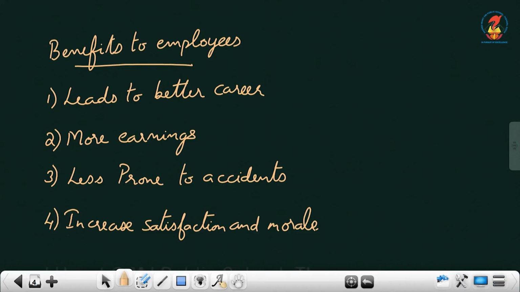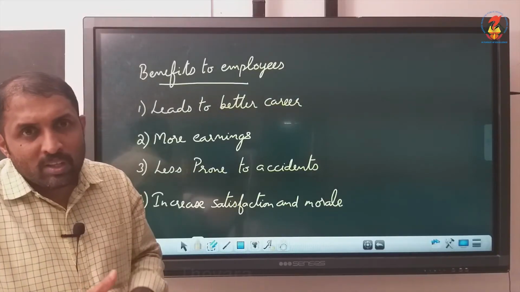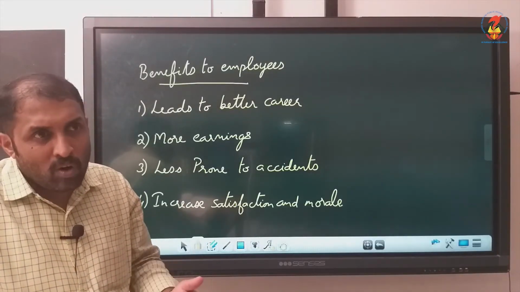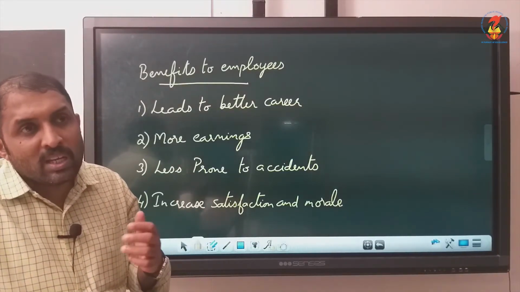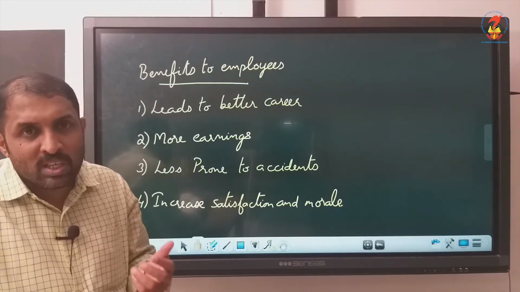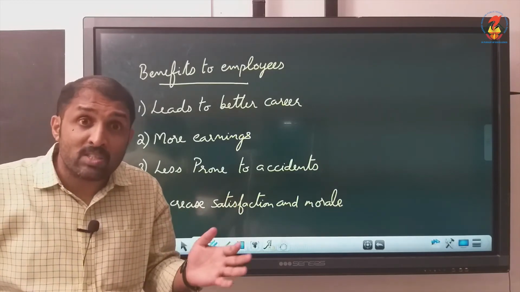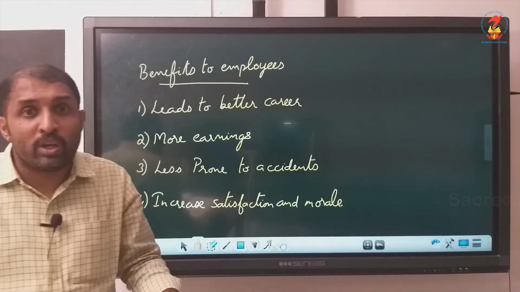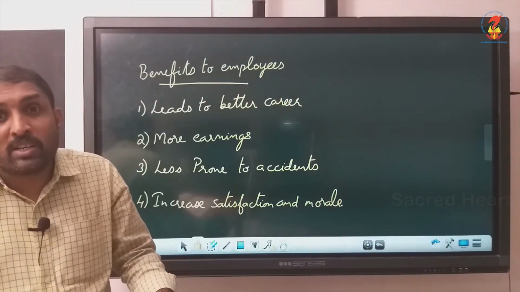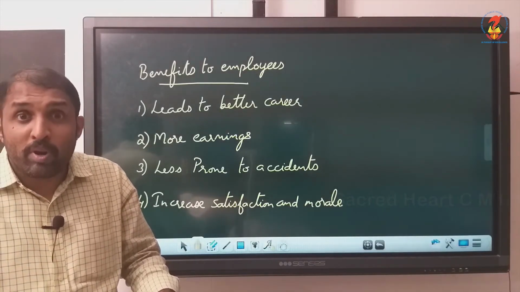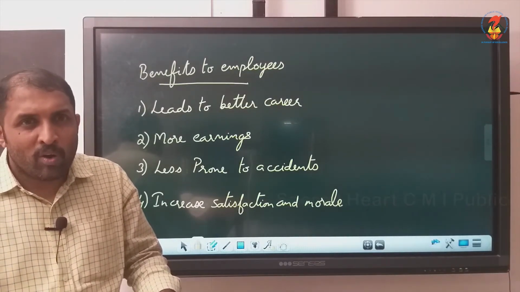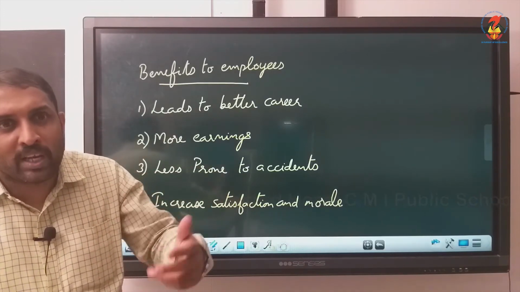First one is that it leads to a better career. Whenever there is an increase in knowledge, understanding, or development in skill, there is always a chance for an employee to be promoted to a higher position, or to be taken by better organizations.